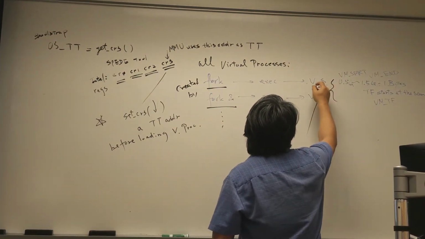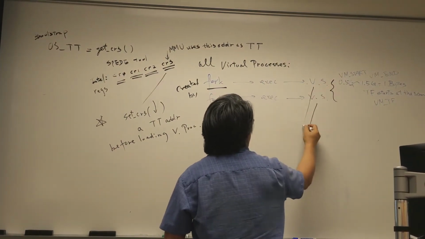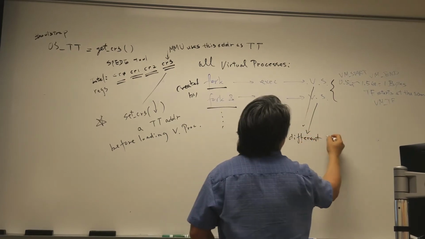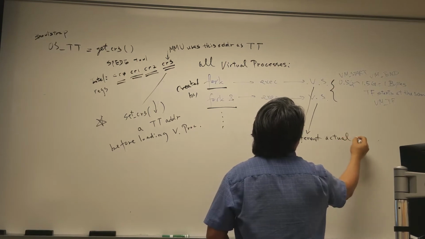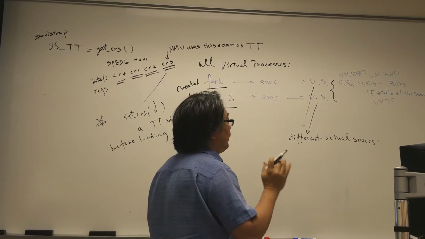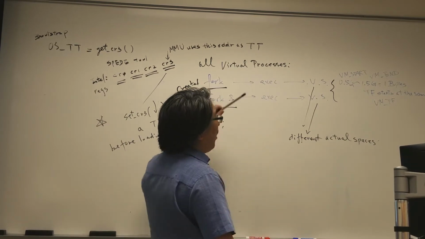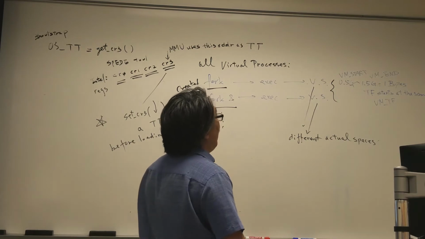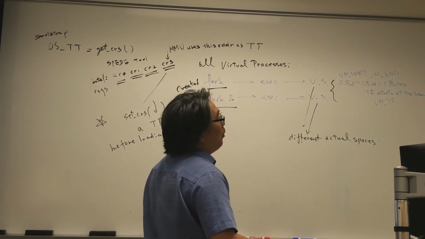So they are actually mapped to different actual spaces. They all run in the same virtual space in terms of numbers, addresses, instructions, data, and so forth.